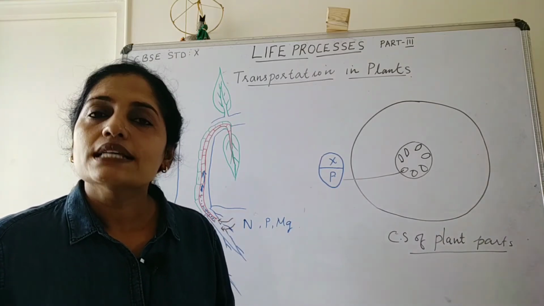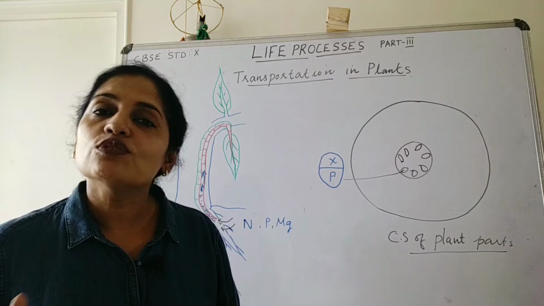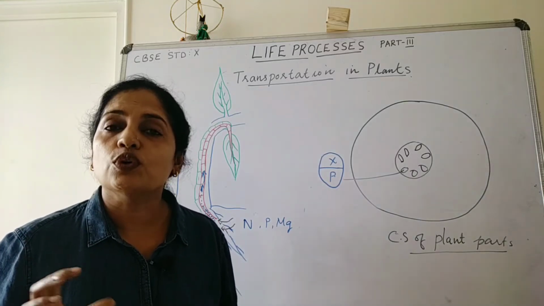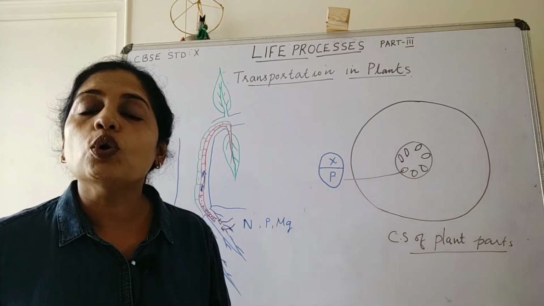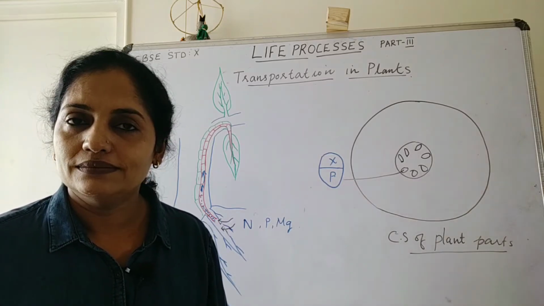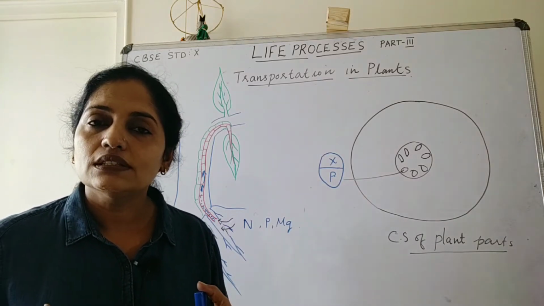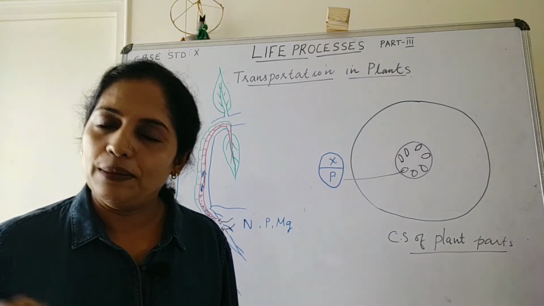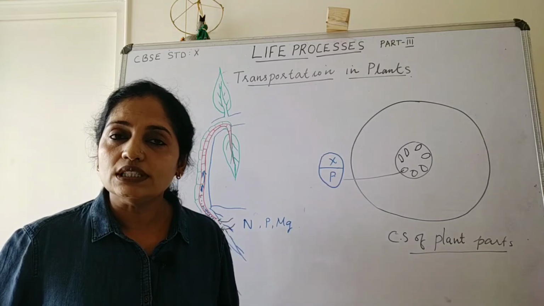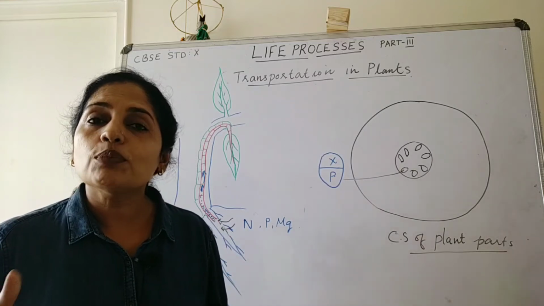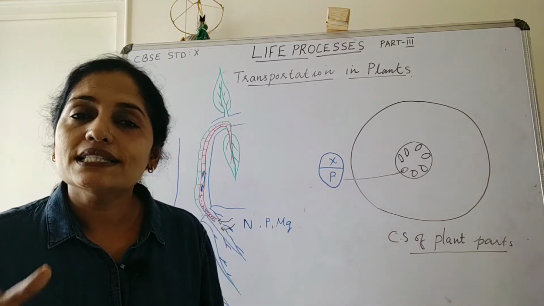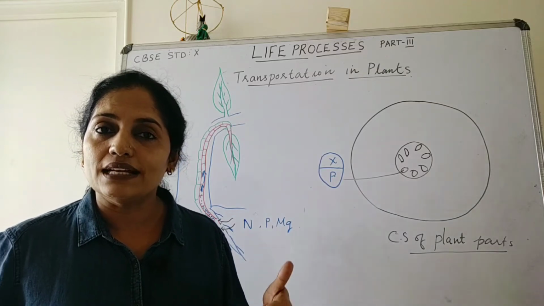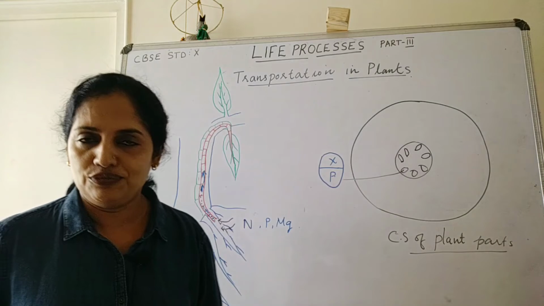Transpiration occurs simultaneously with the process of photosynthesis. As you know, during the process of photosynthesis, the stomatal pores get open and water evaporates out in the form of water vapor. The water which is lost through the process of transpiration is replaced by the water in the xylem cells in the region of the leaf.